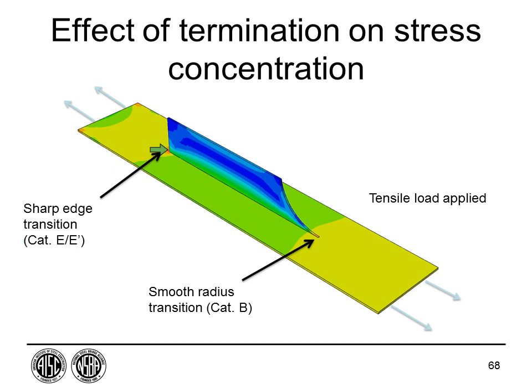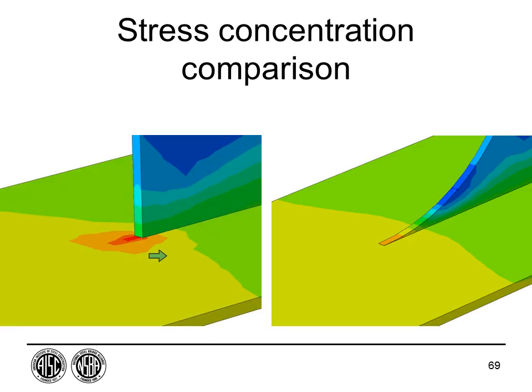Now we'll zoom in on these two ends and kind of see that a little bit better. Notice, again, if we just take the simple approach, red is bad, and all my contour scales are the same, I can clearly see that in my base material here, I have very high local stress ranges. Well, I would be expected to have a fatigue crack.